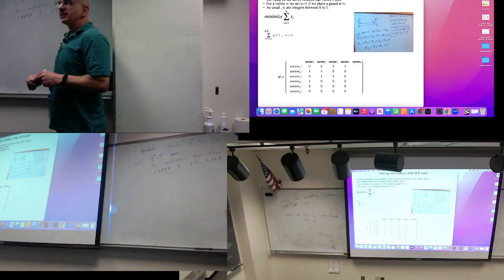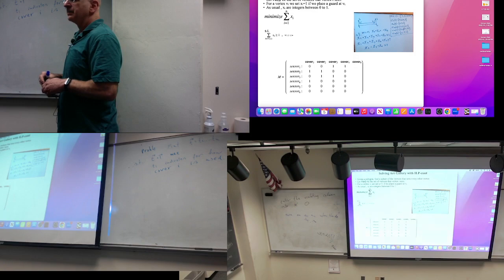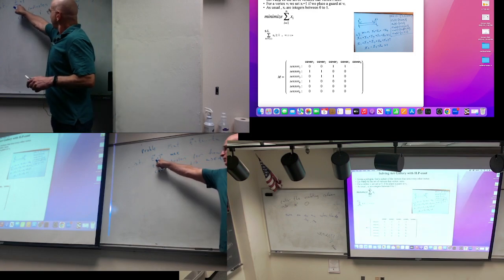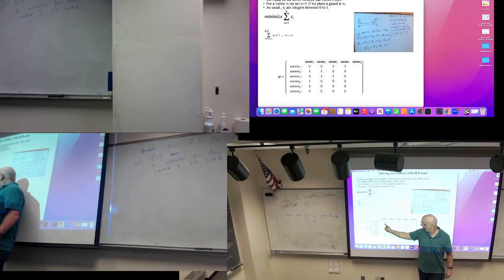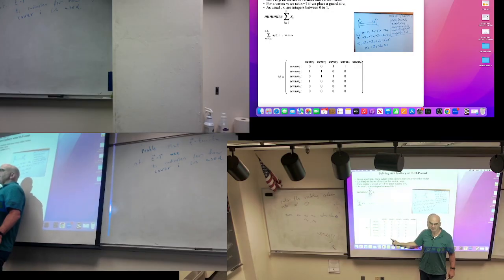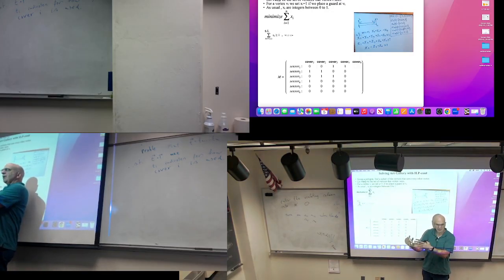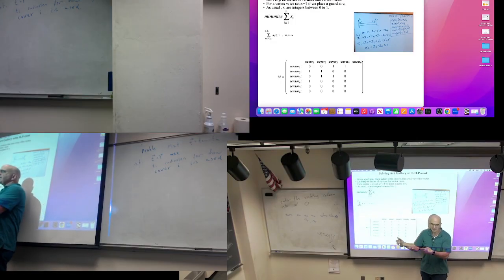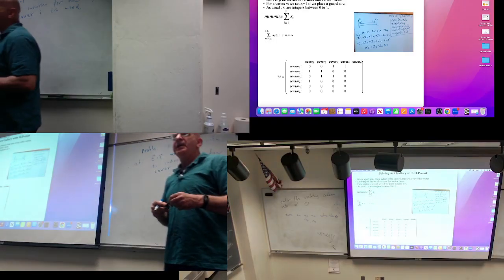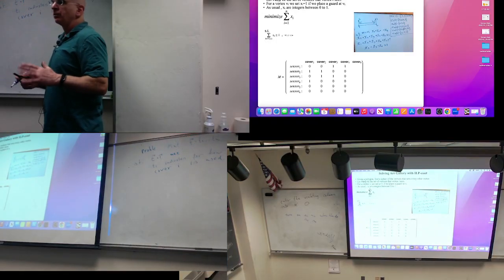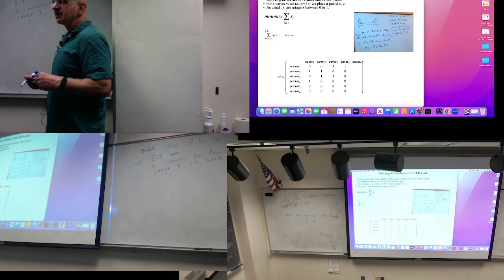So I want to maximize it. If t1 is half an hour, it means use this cover for half an hour, then use this cover for maybe 10 minutes, use this cover for maybe 30 minutes. Every time you switch from one cover to another, different sensors are active, and possibly you'll turn sensors on and off multiple times. That's fine.